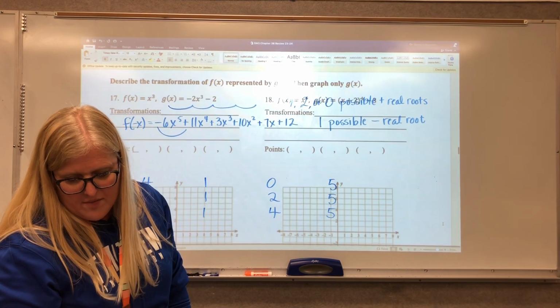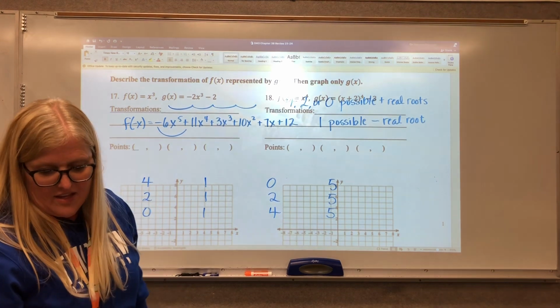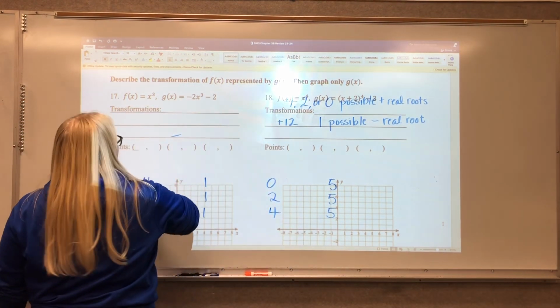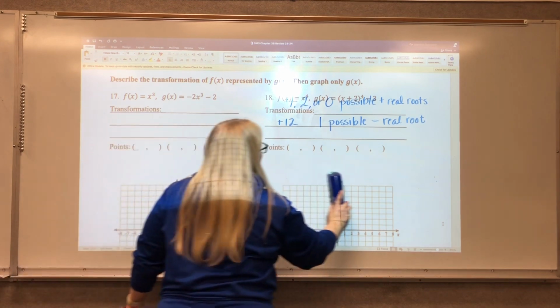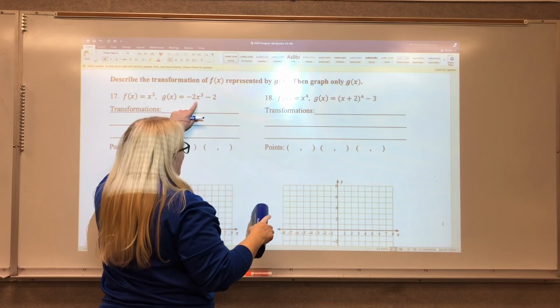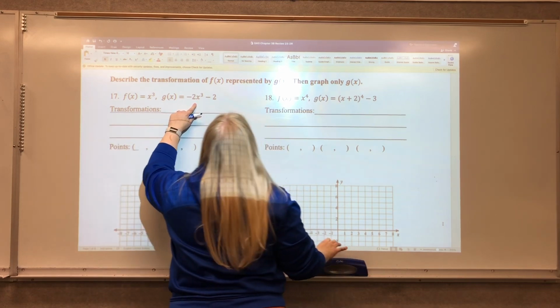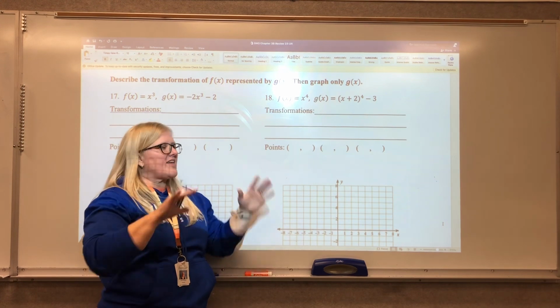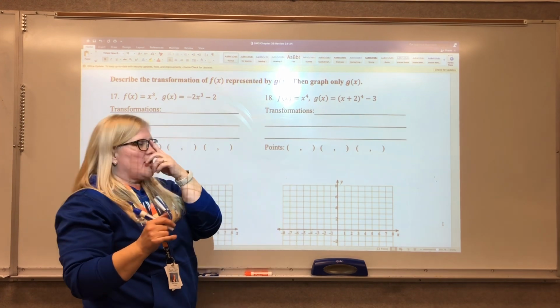Okay, describe the transformation and then graph. All right, so this one, I can see how this one could be a little tricky. I wouldn't factor out the -2 or anything like that, just take it at face value.